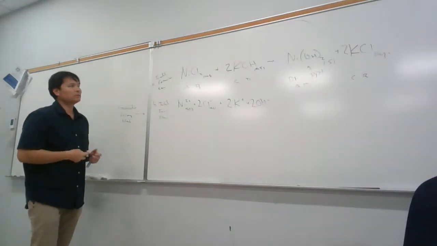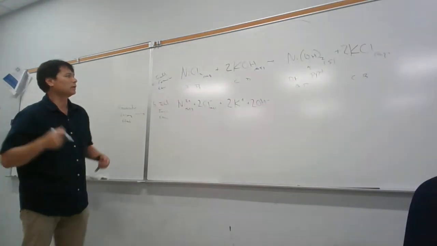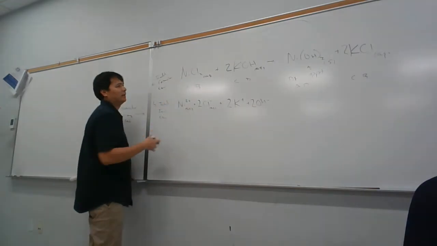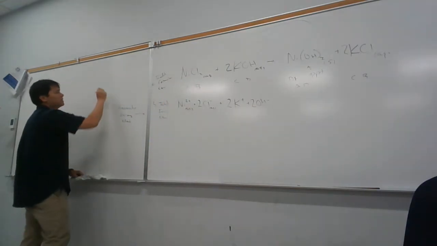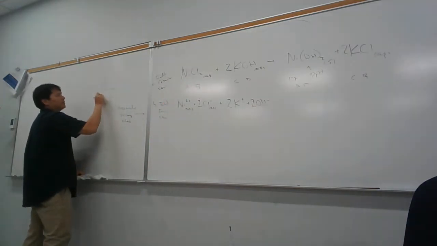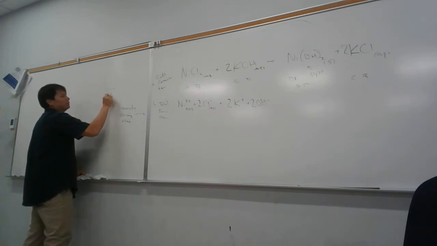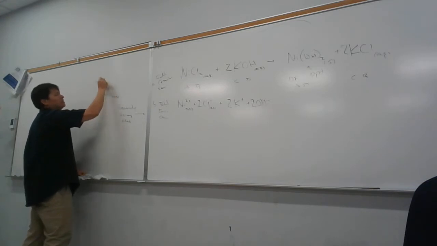So essentially what I'm doing here is I'm just looking. If I have a beaker that's labeled NiCl2 aqueous, what's inside that beaker? Inside that beaker I have nickel ions floating around and chloride ions floating around.